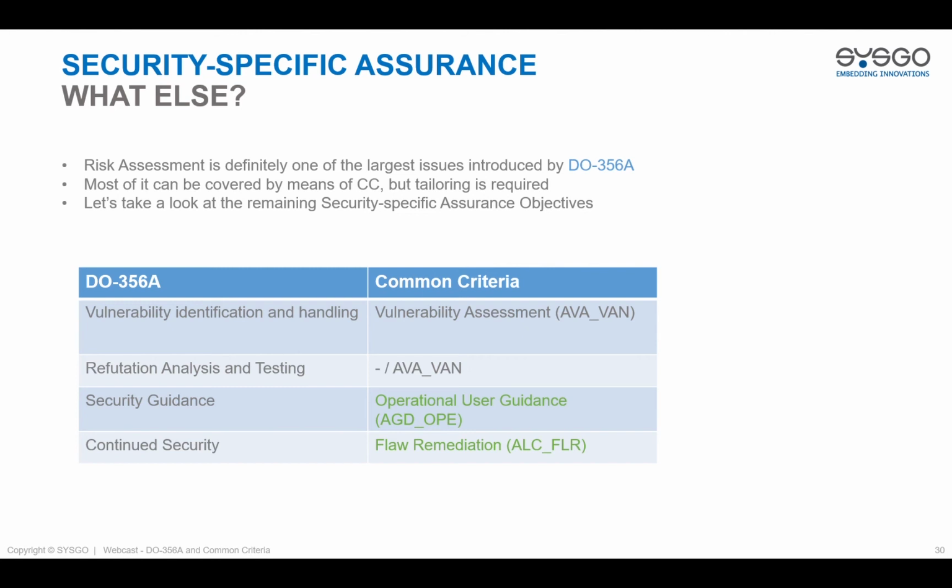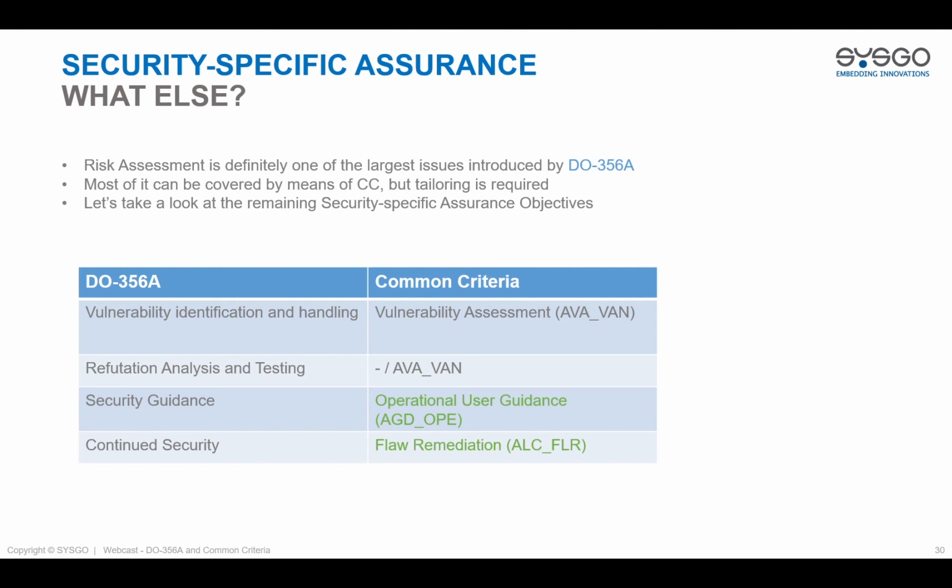The same is valid for continued security, which describes how security should be ensured during the life cycle of the airplane. For example, if new vulnerabilities arise during the lifetime, continued security describes how the developer will handle those situations.